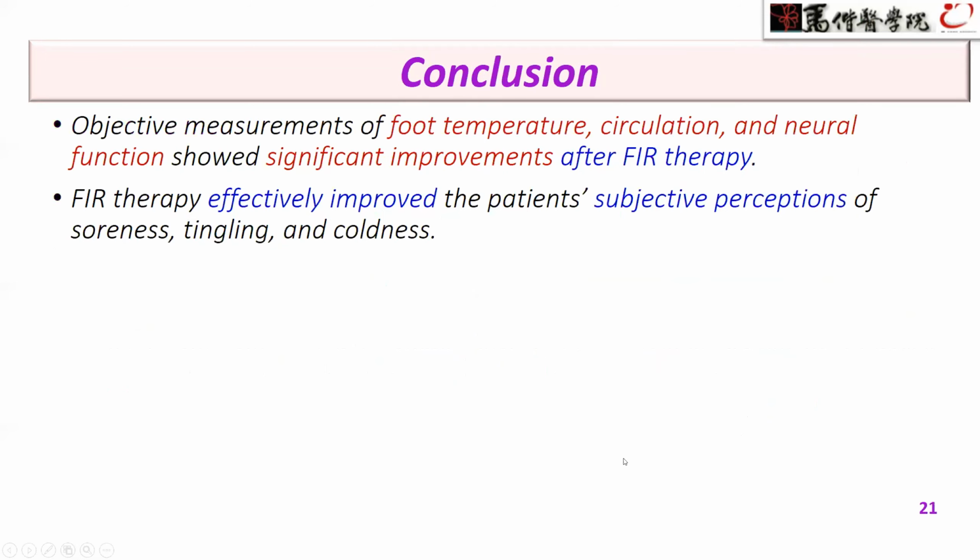So, conclusion: objective measurements of foot temperature, circulation, and neural function show a significant improvement after FIR therapy. FIR therapy effectively improved the patient's subjective perception of pain, soreness, tingling, and coldness.